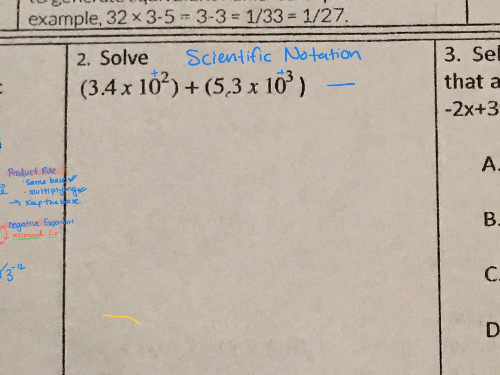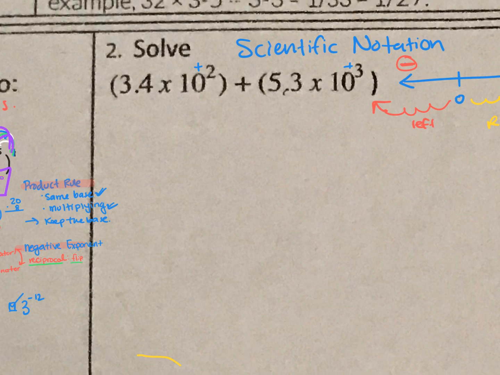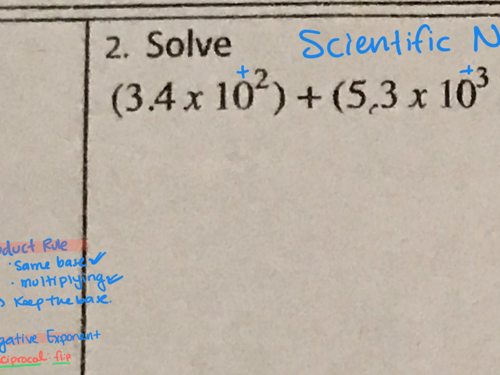So when you go to the right, guys, on a number line, what kind of numbers are to the right, or I'm sorry, to the left? Isn't it negative numbers? Okay, so if you see negative, that means go left. If you see a positive exponent, it means go right.